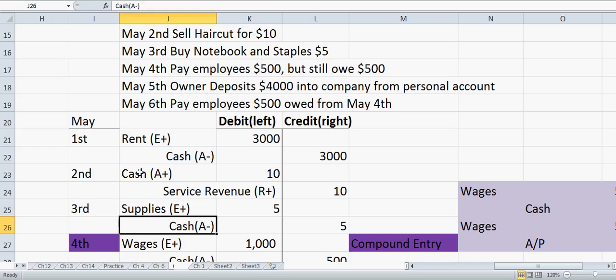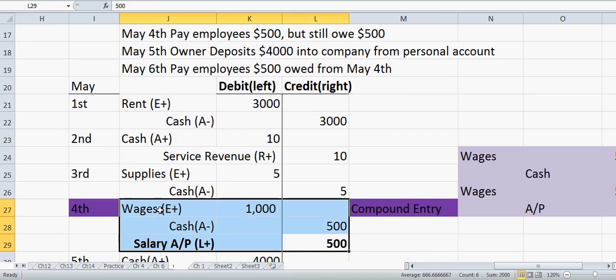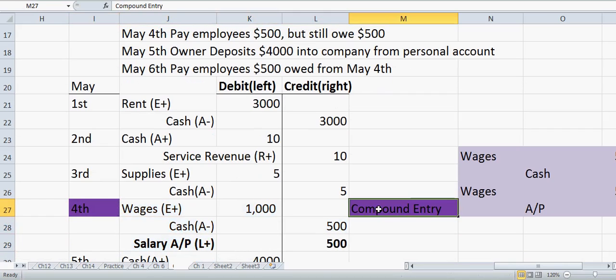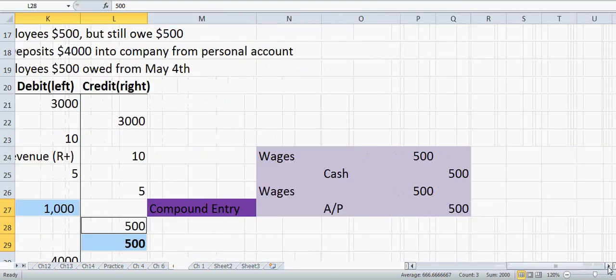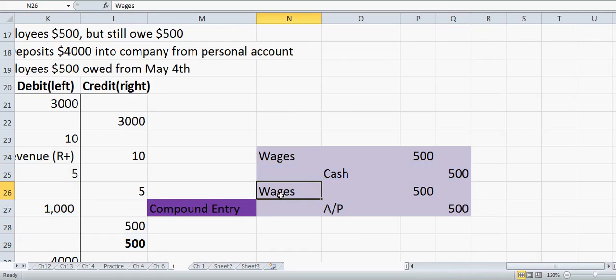May 4th, we pay the employees $500, but still owe $500. So what I've done here is I've made what's called a compound entry. I want to point out that my left side still equals my right side. The other way you may have done it is also correct. I pay my employees $500 and I owe them $500.